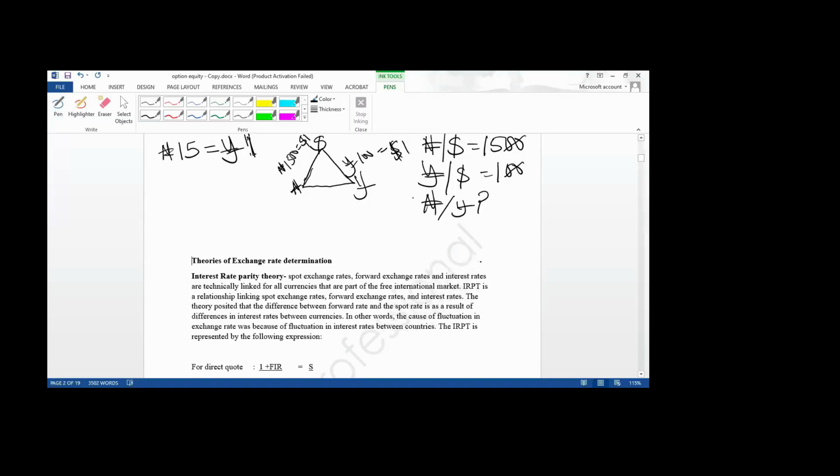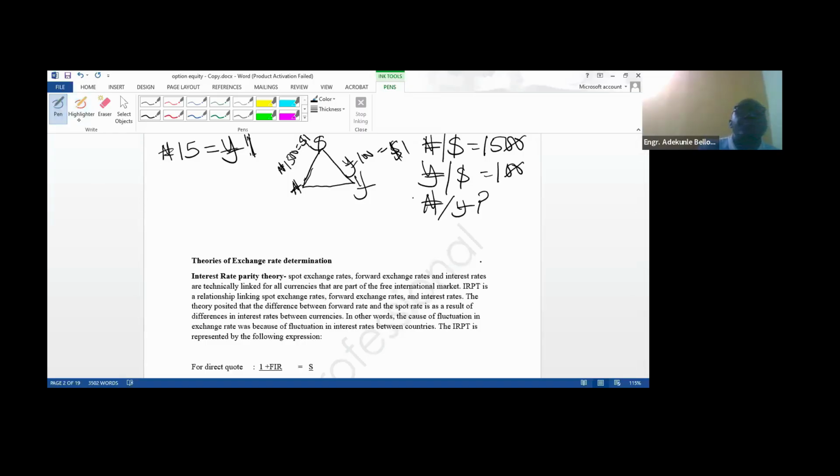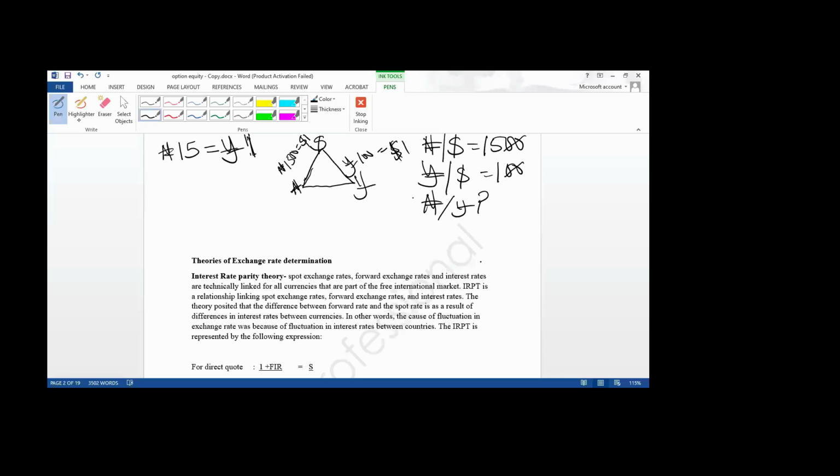What is naira to yen? No, I do not get the explanation. Okay. Thank you, sir. Or you didn't get the computation? Yes. Okay.